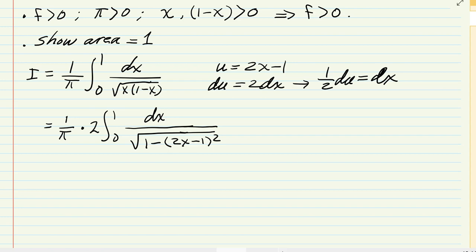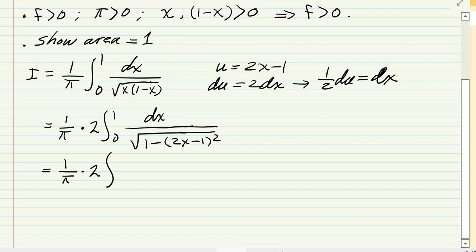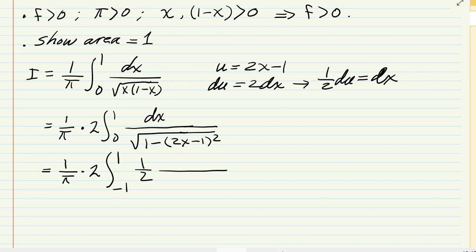So it makes sense now to make that u substitution that I proposed. Once we have that, we can rewrite the integral as 1 over pi times 2. The limits of integration will change. They go from -1 to 1, and of course 1/2 du, over the square root of 1 minus u squared.